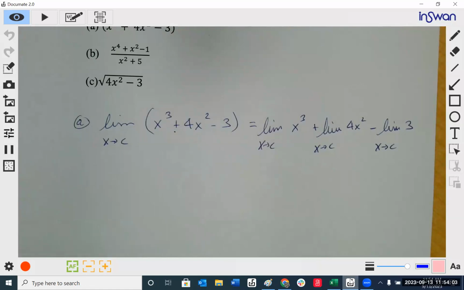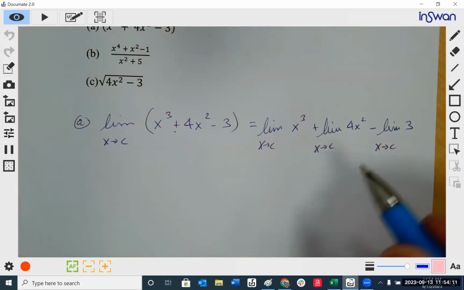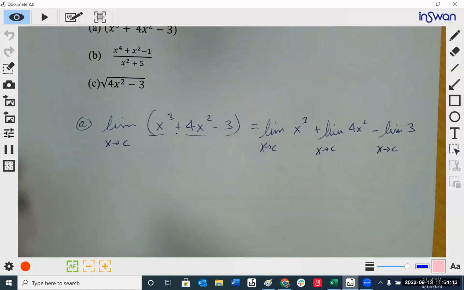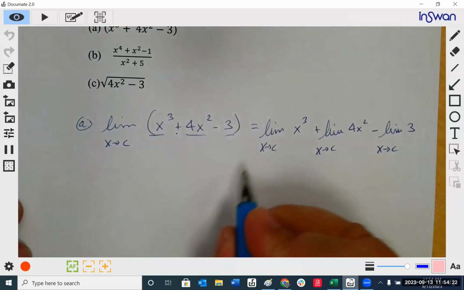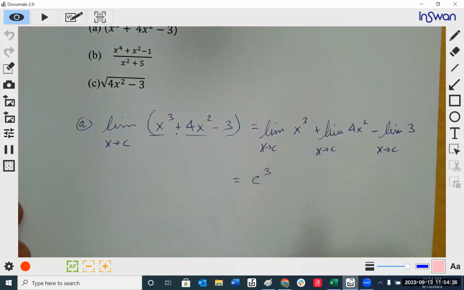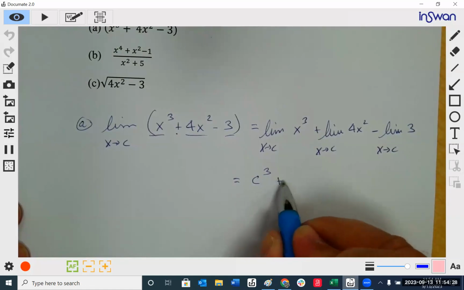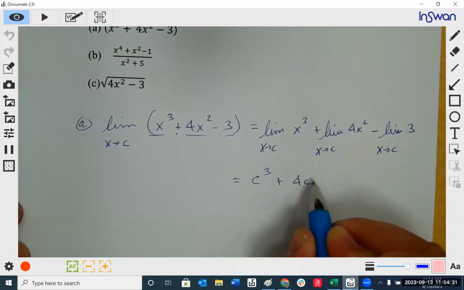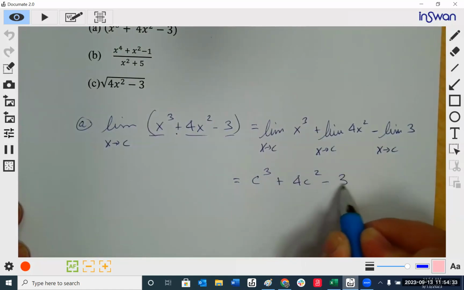You have to break them up first, like the logarithms. So you're using a rule for each term of the polynomial? Yes, essentially, because there are three terms, so we can split them up. We use the sum and difference rules first, and that makes it easier now to do smaller pieces. So it'd be c to the 3 plus 4c squared minus 3.